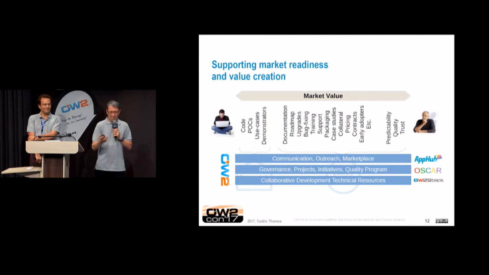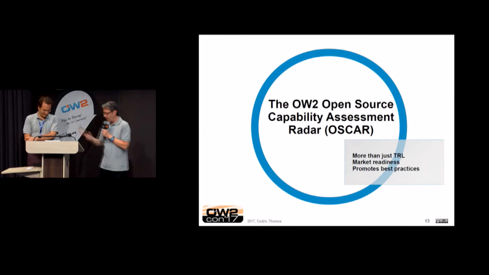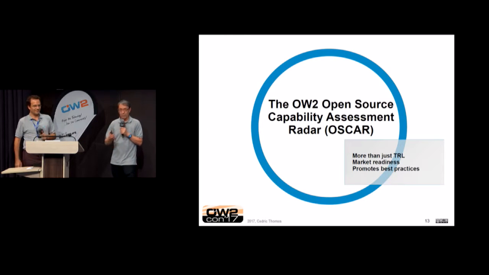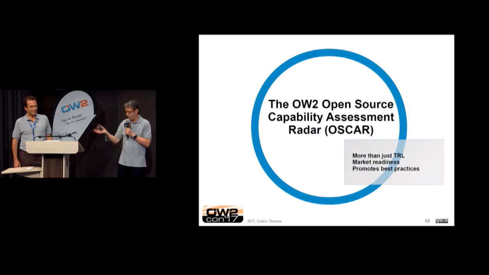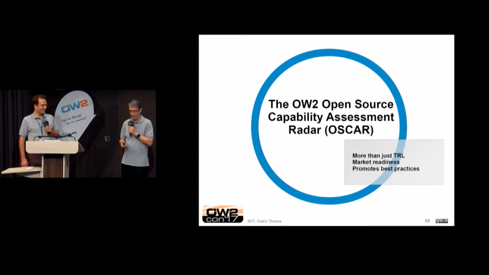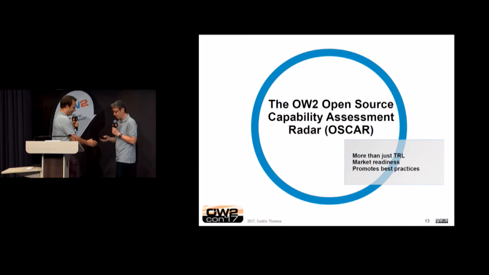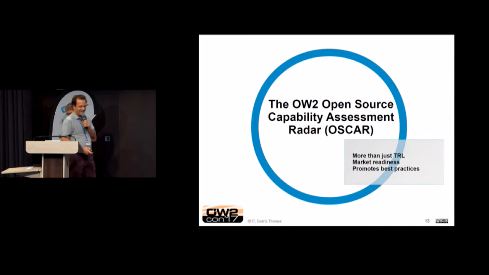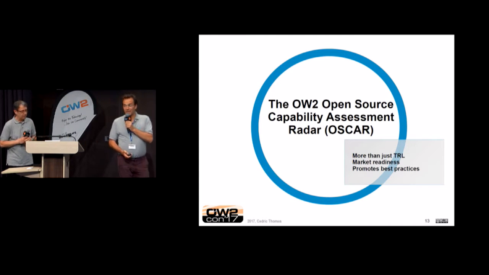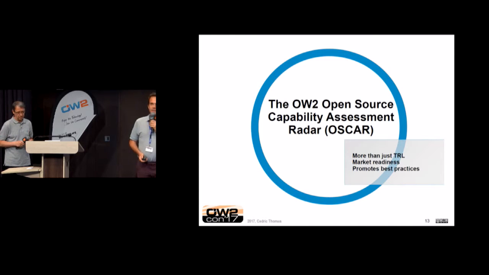This is materialized through 3 types of services, and it is in this context that we have already developed a quality project program that is currently operational, which I will let Stefan describe to you. Thank you. And this program indeed is called OSCAR, standing for Open Source Capability Assessment Radar.